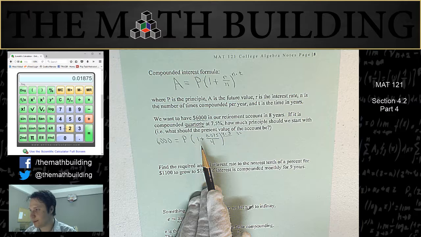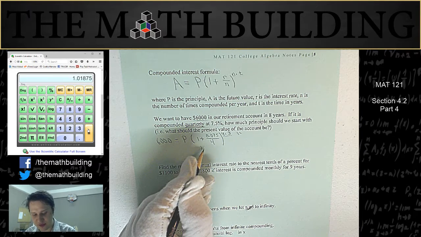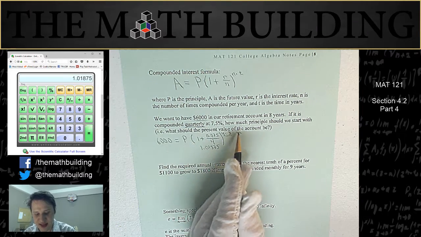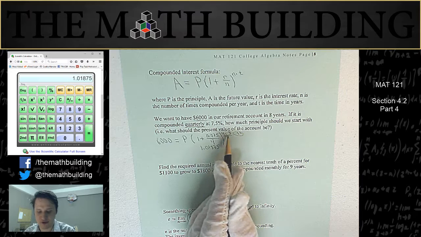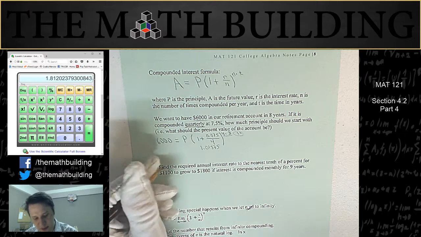So plus 1. So this number is the inside of the parentheses, 1.01875. So now let's take that to the 32, which remember is 4 times 8. So I'll hit my exponent button to the 32 power, and I get that, which is my multiplier.